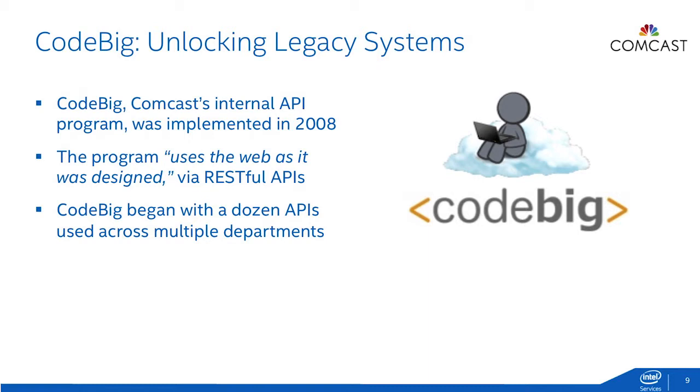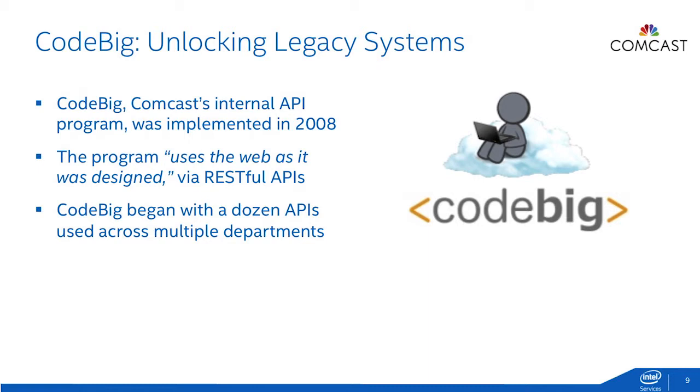So how do we unlock legacy systems, how do we start, and how did we come about today? We built this CodeBig system as an internal API program for internal developers mainly.